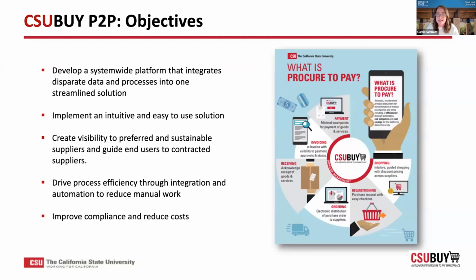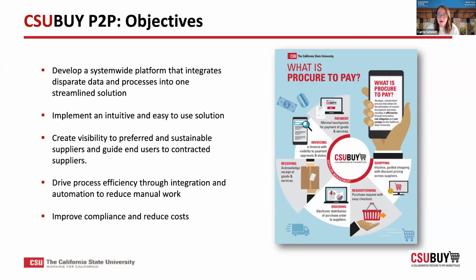What's important to understand is that P2P will replace many of the fragmented campus-specific tools and manual workflows currently in use. It consolidates supplier management, including supplier self-registration and a shared system-wide supplier database, requisition creation, purchase order (PO) issuance, receipts, and invoice processing all into one cohesive system.